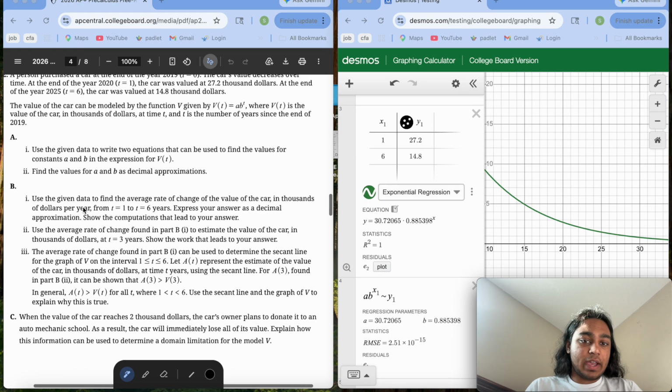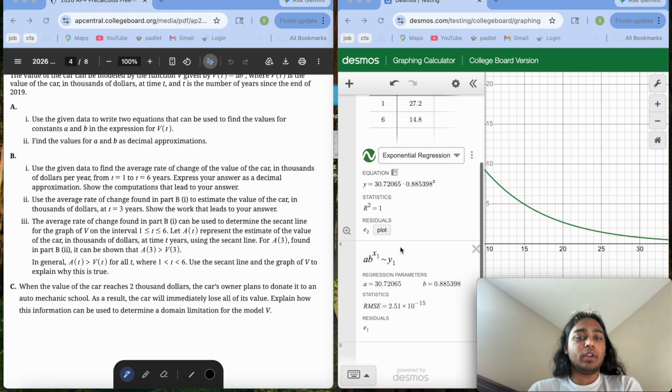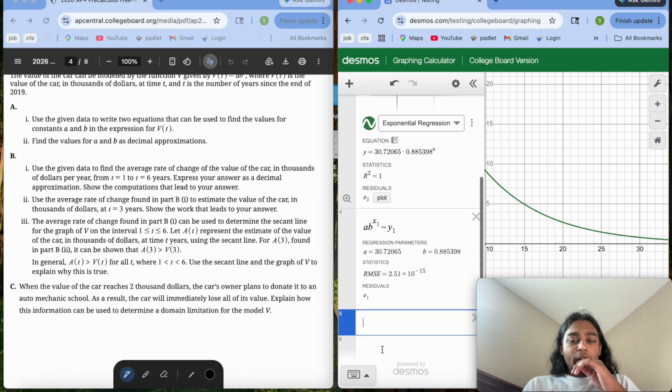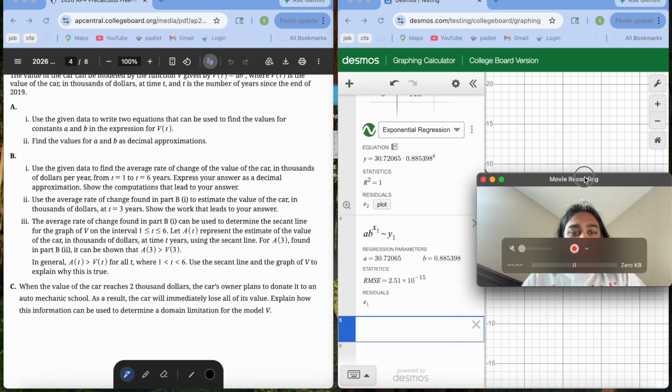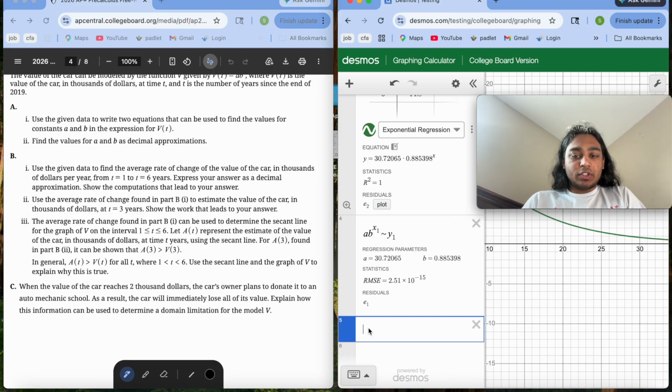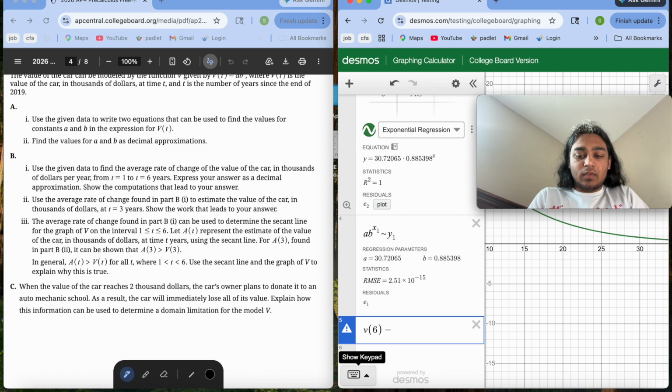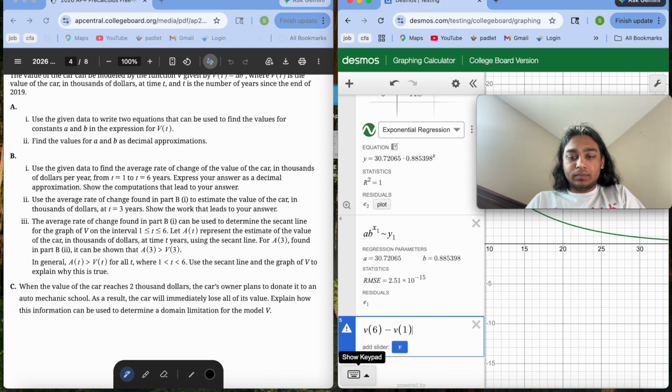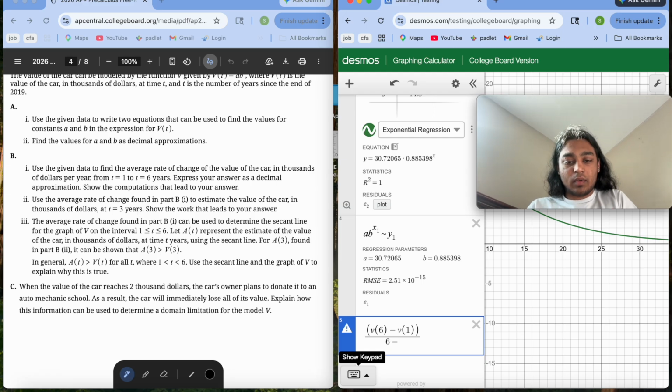Now let's look at part B. Use the given data to find the average rate of change of the value of the car. Okay, we're looking for average rate of change from 6 to 1. So the first thing we want to write is our difference quotient, and we know our function is called v of t. So we need to write v of 6 minus v of 1, all of this divided by 6 minus 1.